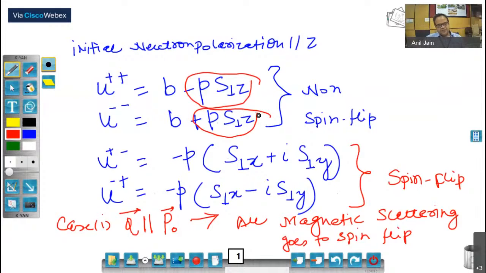So what you are left with is only nuclear scattering. So it means if your scattering vector Q is parallel to P, then all magnetic scattering goes to the spin flip channel. Please always keep this in the back of your mind when you are doing experiments with polarized neutrons. Now let us consider case number 2.